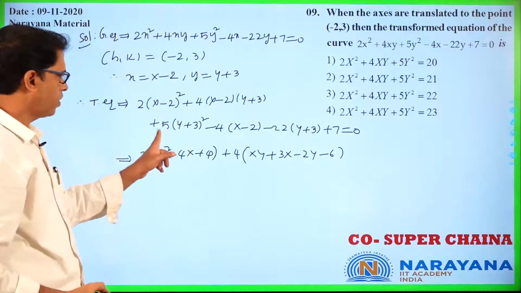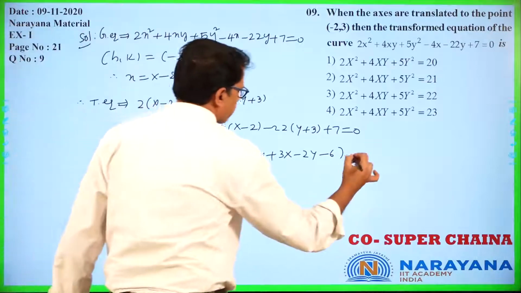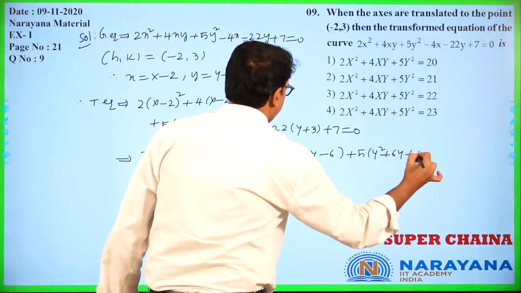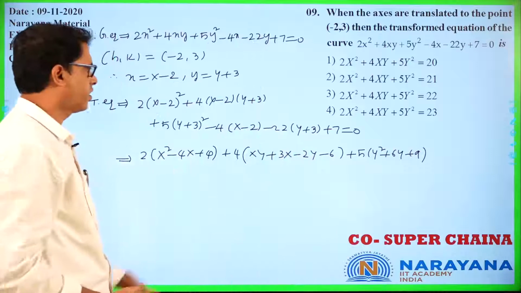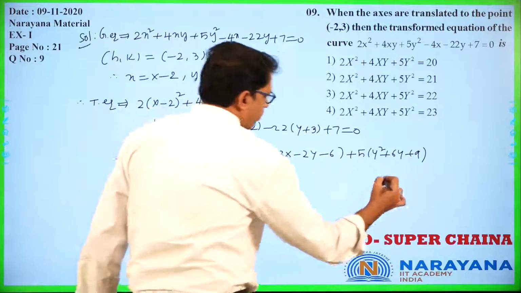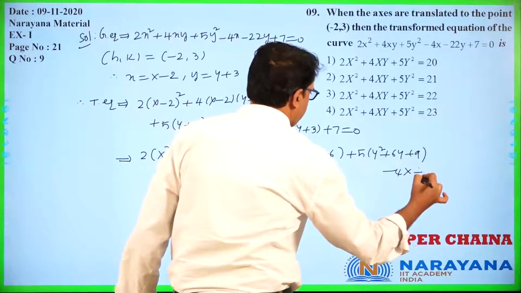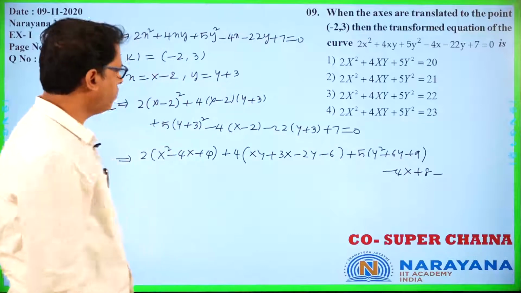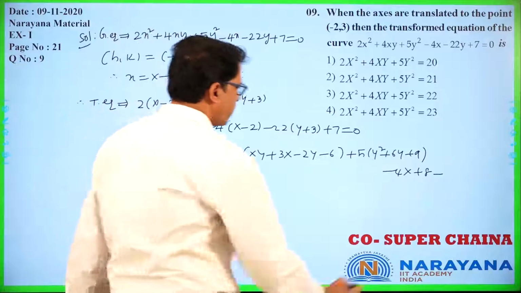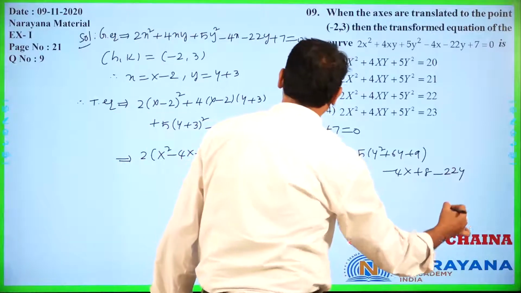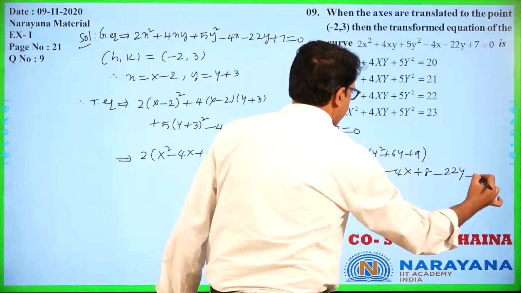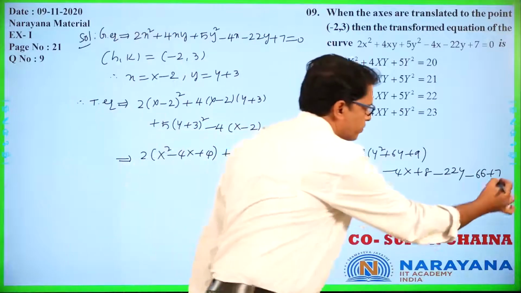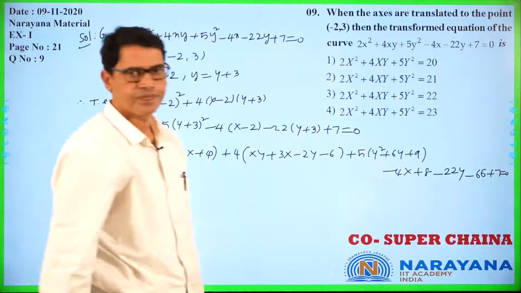Then the next term will be plus 5 into (y square plus 6y plus 9), and this term will be minus 4x plus 8. Then this will be minus 22y, so minus 66 plus 7 equals 0.